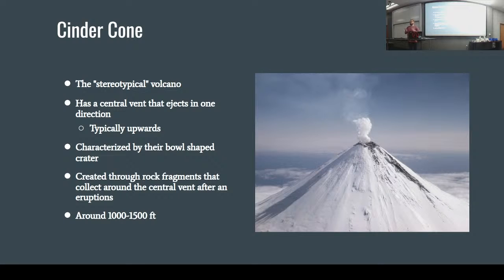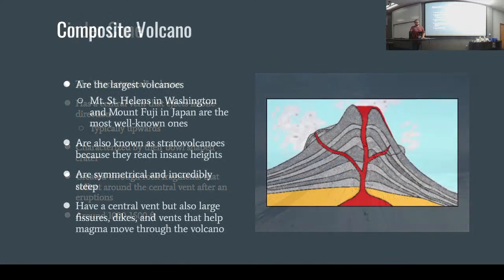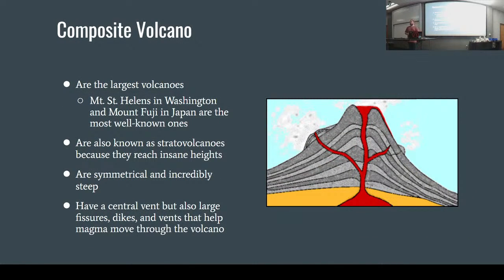So how the crater forms normally, it is when it erupts, rock fragments fall and collect around the vent, and it keeps building up and building up until it gets pretty tall. But these are one of the smaller volcanoes that we're talking about, and they're only around 1,000 to 1,500 feet tall.